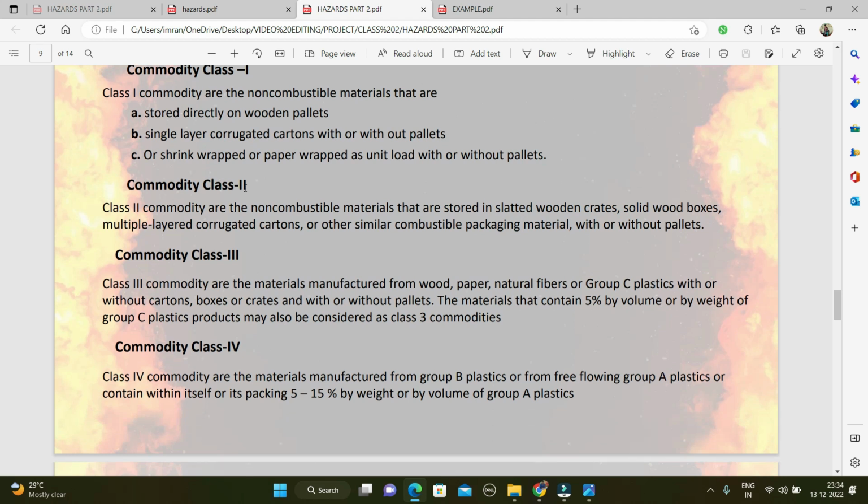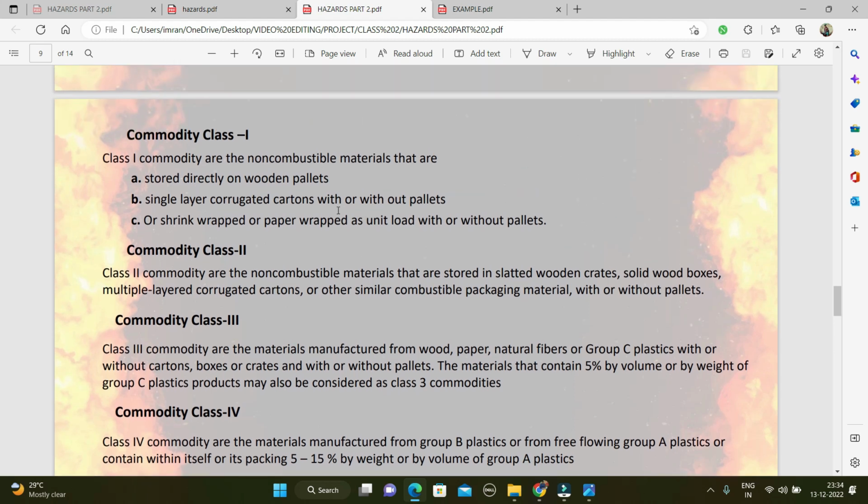See also commodity class 2. Class 2 commodities are non-combustible materials. Class 1 is also non-combustible material, and class 2 is also non-combustible material that is stored in slatted wooden crates. But this material is stored on slatted wooden crates or solid boxes.